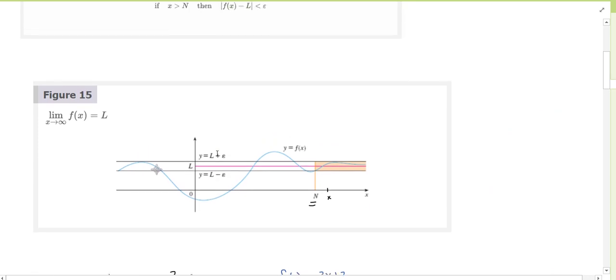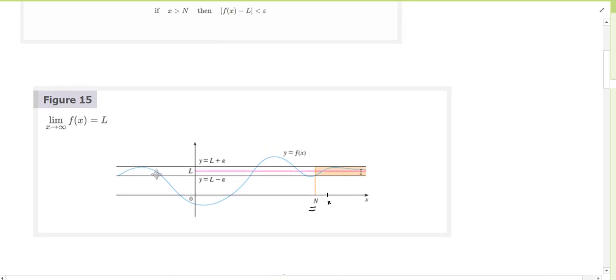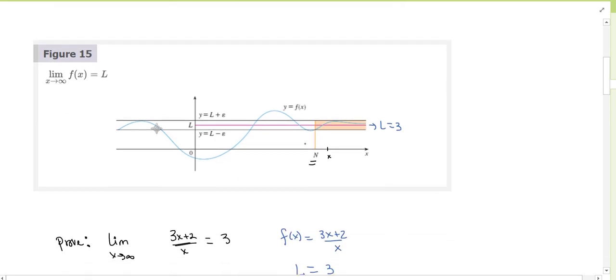So going back to the picture, in our case, L equals 3, and so we have shown that our function values are within epsilon of our limit, given n equal to 2 over epsilon. Then as long as x is bigger than that, then we are fine.